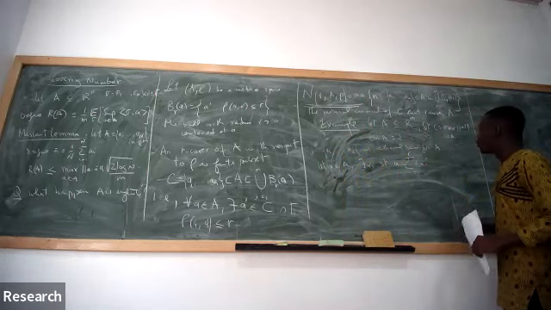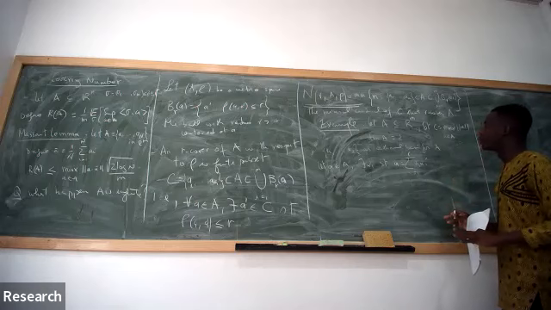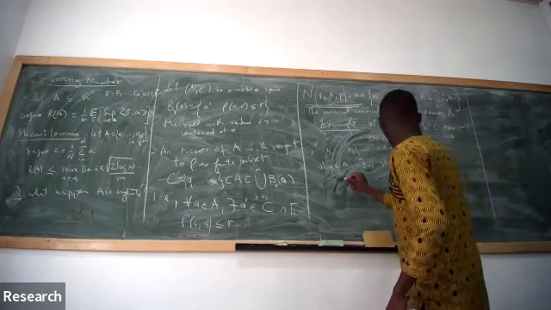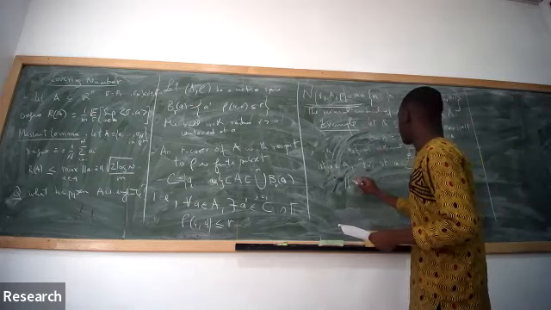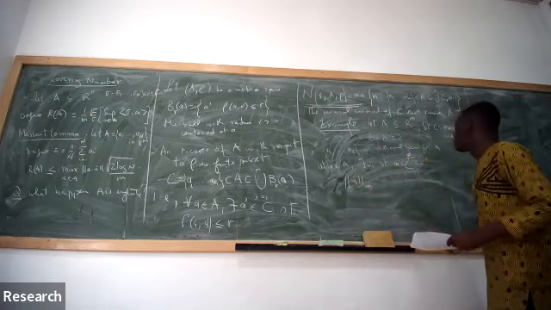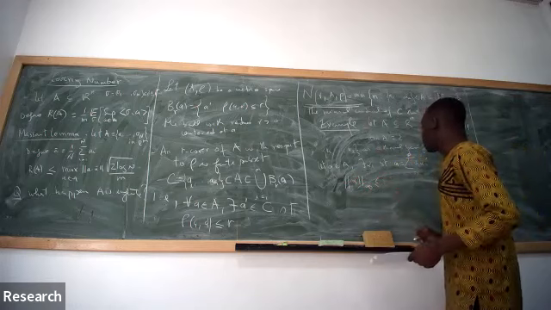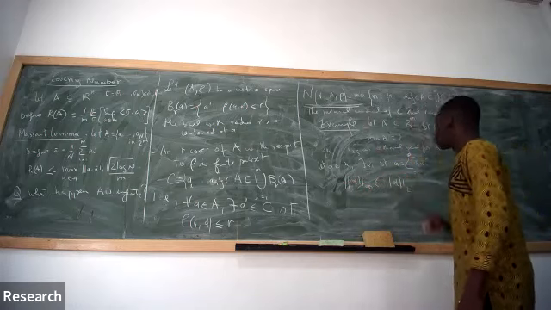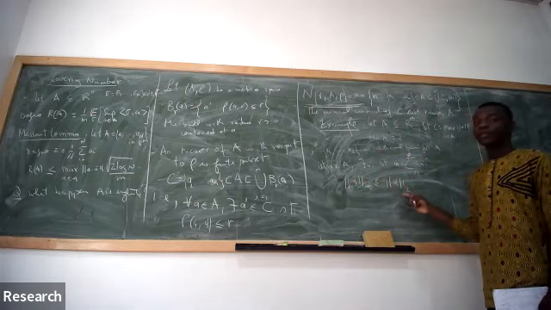Now, those alpha I are the coefficients. When we take the infinity norm of all those coefficients, it is less than or equal to the norm 2 of alpha, its square.